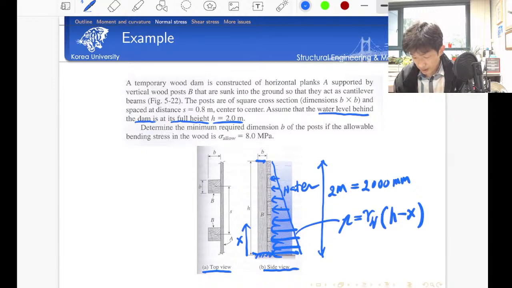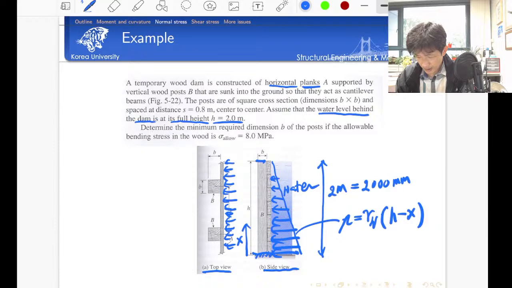So the pressure distribution should be linear here. And then look at this, we have self-similar structures here. The pressure is applied to the horizontal planks, and the force applied to the planks is transferred to this beam here.